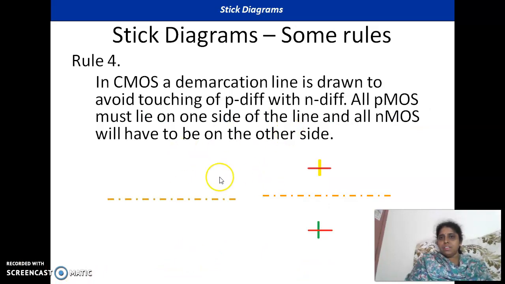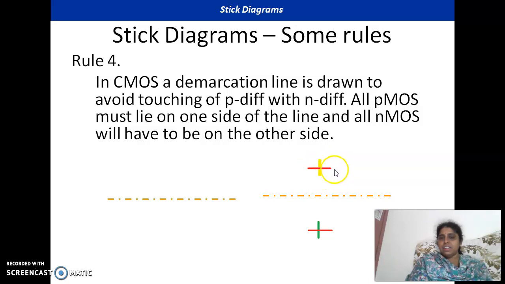Then we need a demarcation line for CMOS. In CMOS we have PMOS devices on the pull up and NMOS devices on the pull down. What separates P and N devices? That is the demarcation line. For a CMOS inverter we have PMOS, that is polysilicon and P diffusion yellow color.